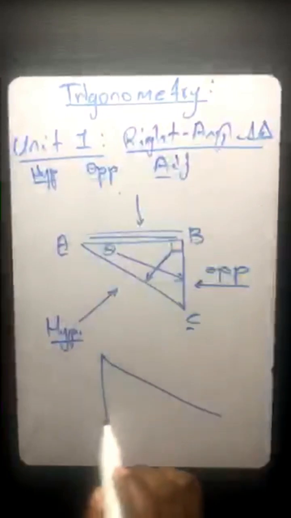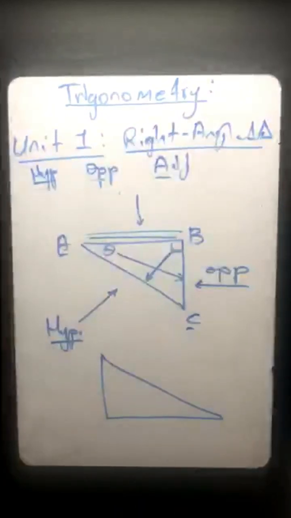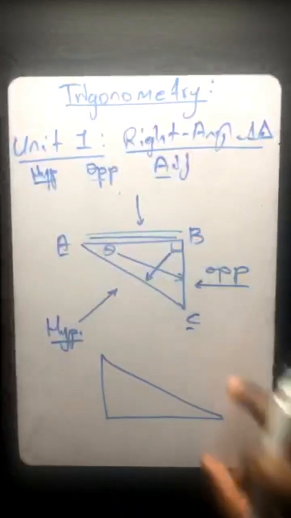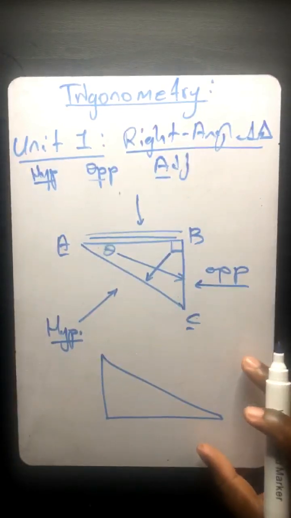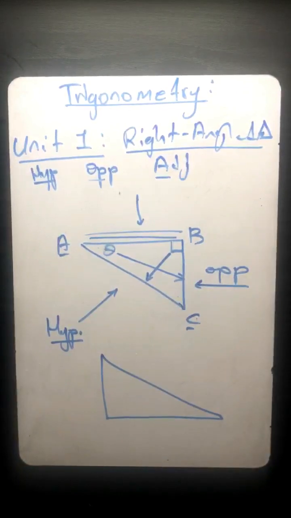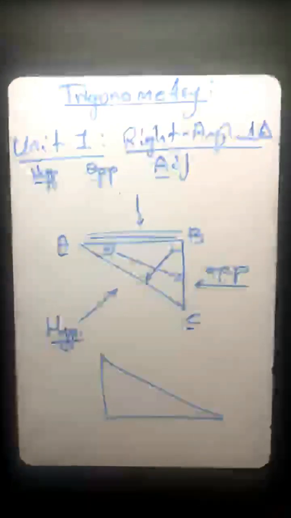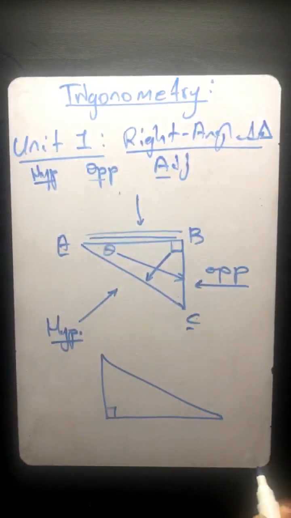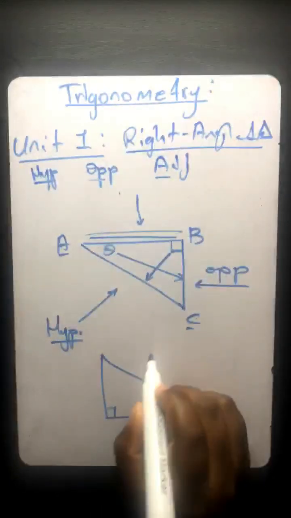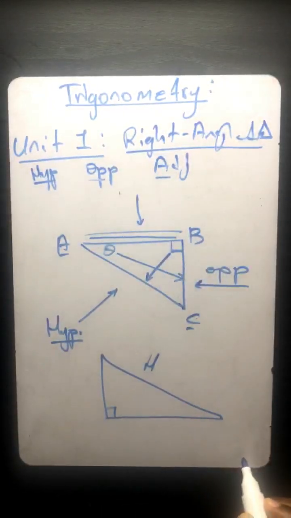Very quickly, if I do this and ask, is this a right-angled triangle? The answer is a big no, because we are not told and we can't see any confirmation that this is a right-angled triangle. But the moment I do that, you know it is a right-angled triangle. Therefore, the side opposite your 90-degree angle is your hypotenuse.